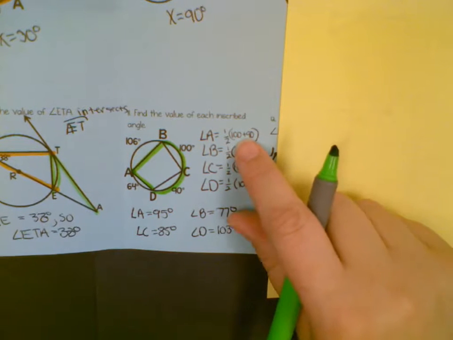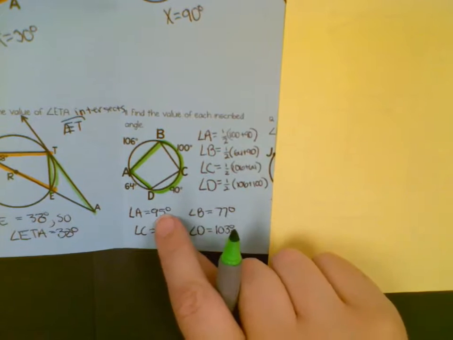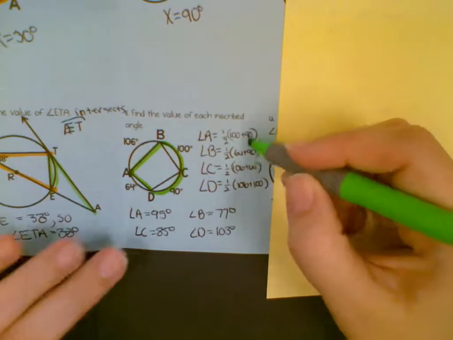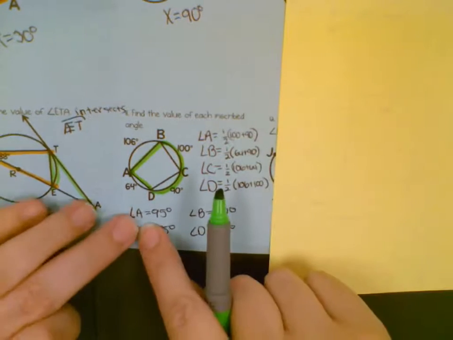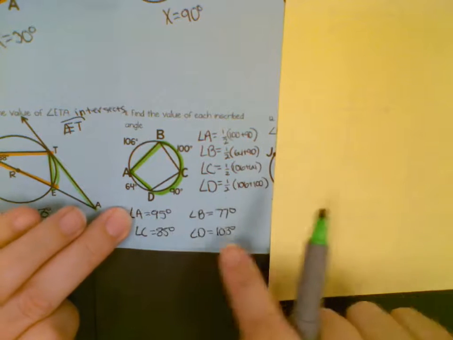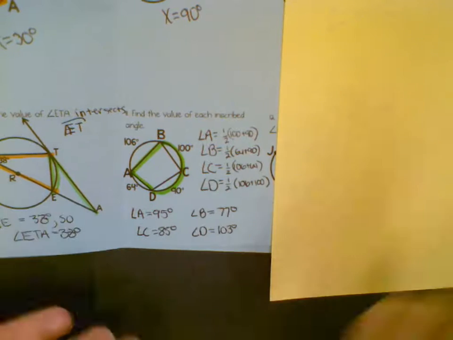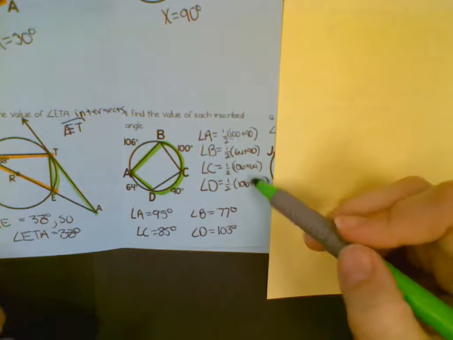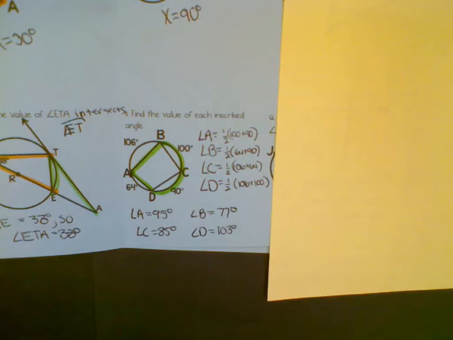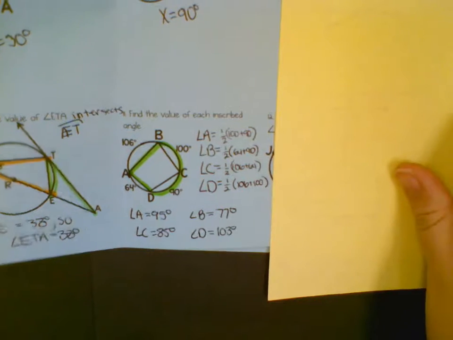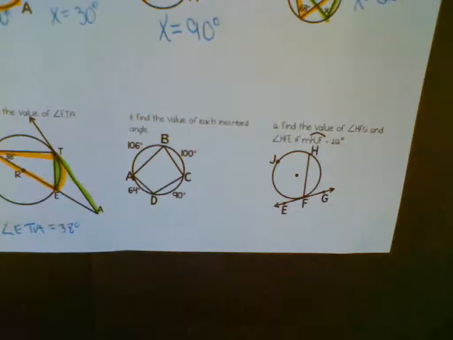So that would be 190, and half of 190 is 95. I did it that way for all of them, but once I found A, I could have done 180 minus 95 to get C. We know those are supplementary, so I didn't have to write it out for C. I just wanted to show you another way to do it. If you have any questions on that one, make sure you ask in class.